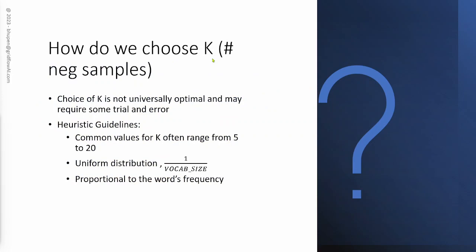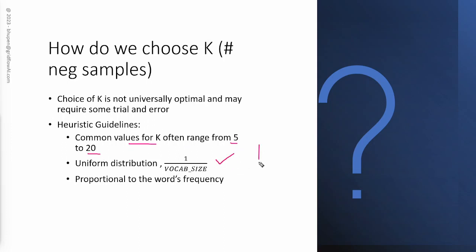How do we choose the value of k, or how many negative samples? The choice of k is not universally defined. There is no optimal setting, but some heuristic guidelines are provided. Either you can go with a common value of k between 5 and 20, or you can use a uniform distribution.